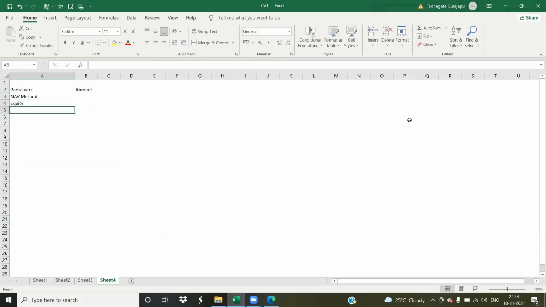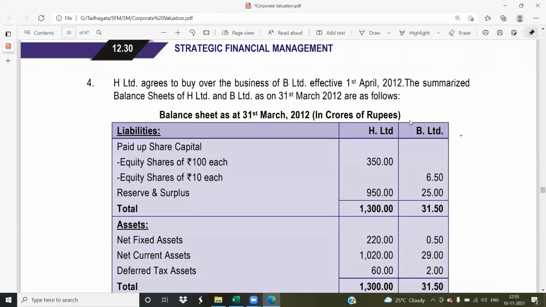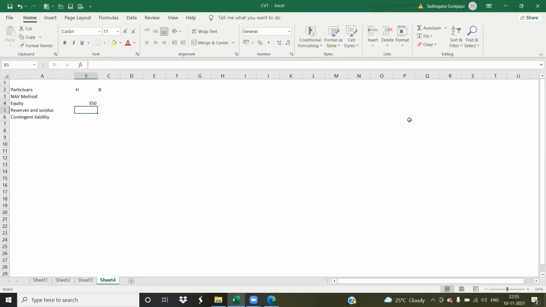Equity, reserves and surplus, contingent liability. Sorry, H. This is B. What is equity? Okay, in crores, right? 350, 950. H 6.5, 25.